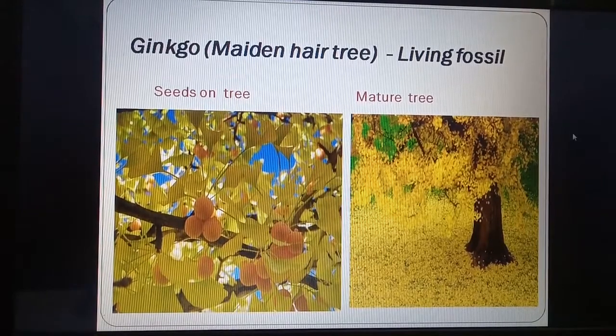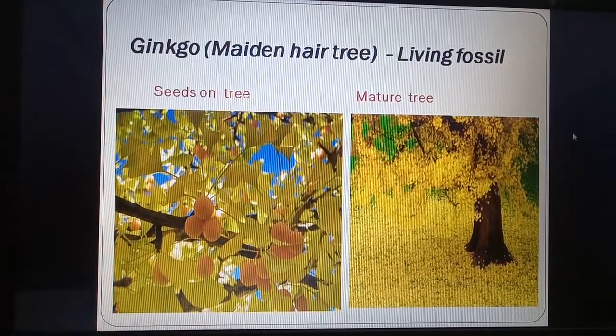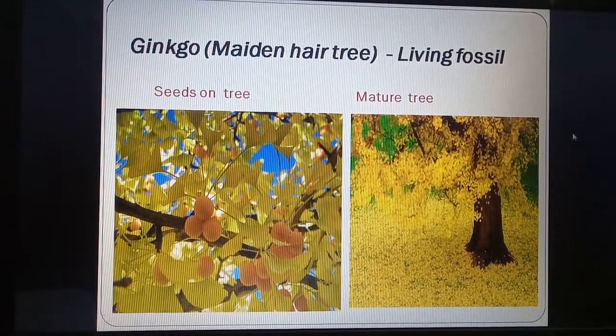All other members have become extinct. The fossils of Ginkgophyta are 270 million years old. So about 270 million year old fossils have been discovered which resemble ginkgo. Because it is living till now, it is also called a living fossil.